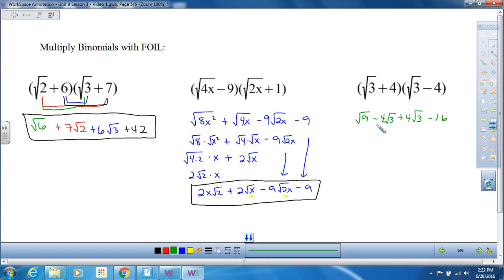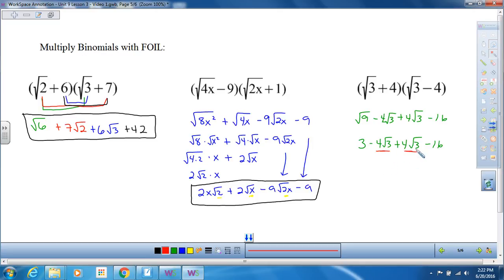Okay, so simplifying square root of 9, well, that's a perfect square, so that's just 3. And then I'll go ahead and write these down again. I have like radicals, so I have like terms here, because they both have a square root of 3.